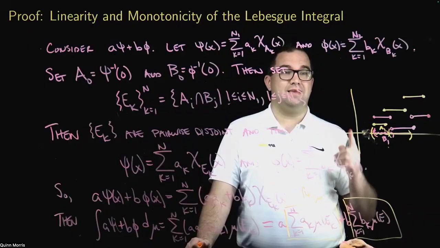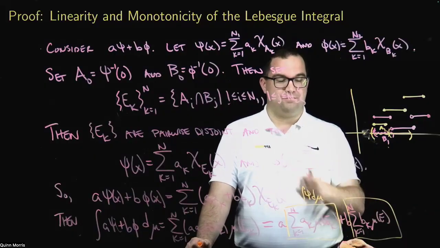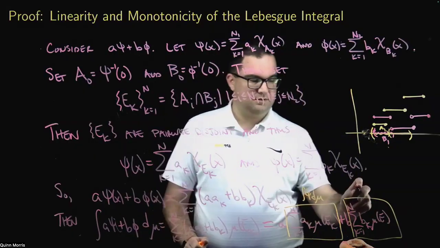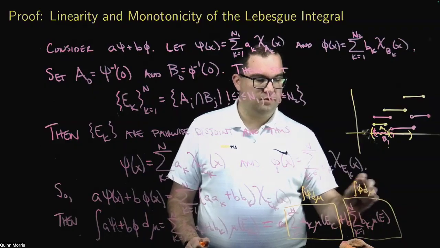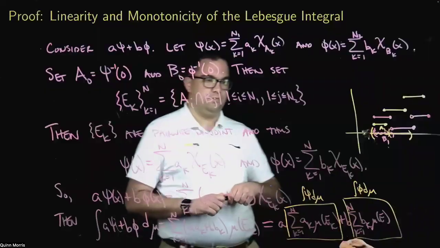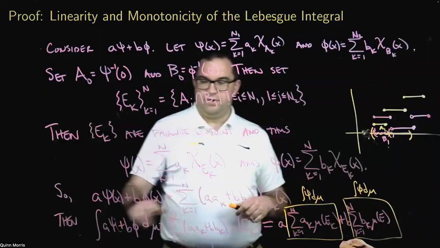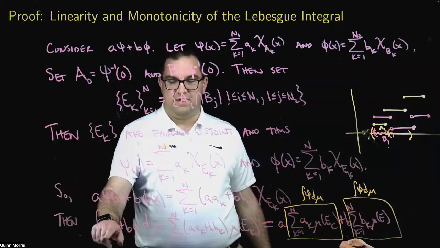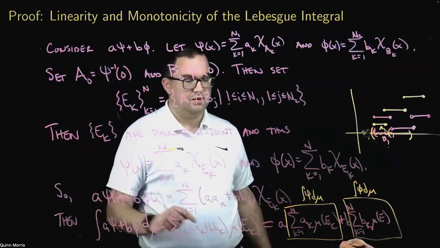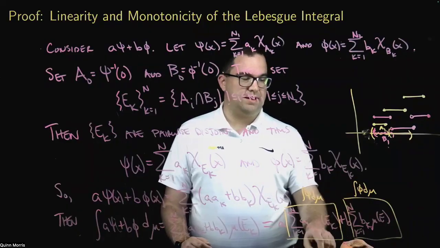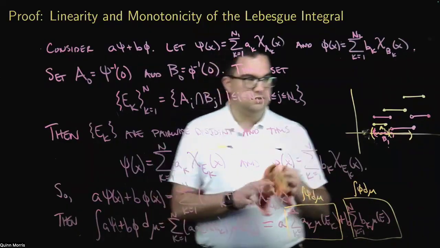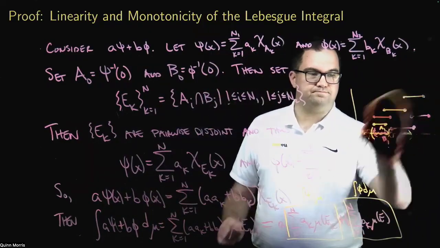However, by the independence theorem we previously proved, it's equal to this. And this is equal by that independence theorem to the integral of phi d mu. Okay, so we get that the Lebesgue integral of a psi plus b phi is equal to a times the Lebesgue integral of psi plus b times the Lebesgue integral of phi. Okay, so that linearity property does hold.